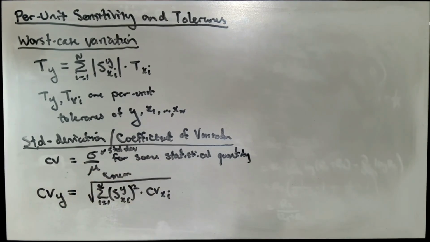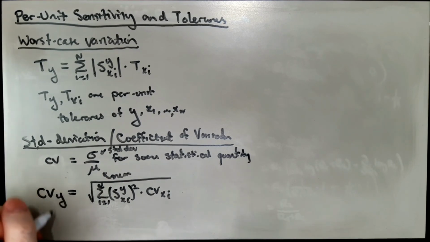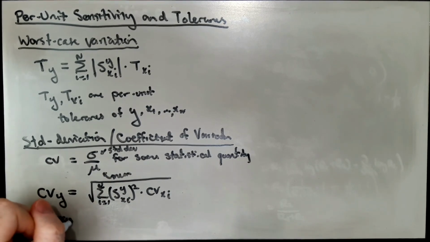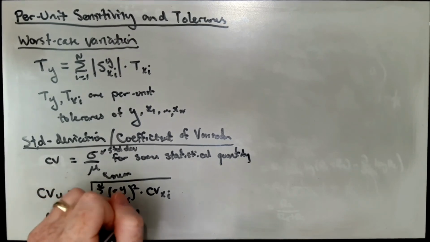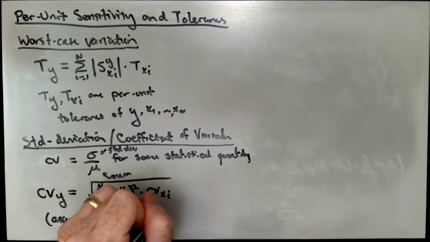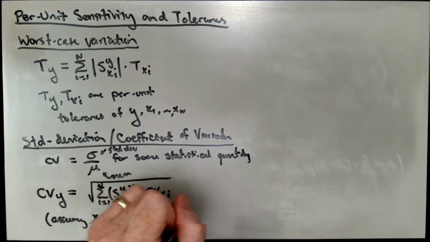So this is assuming the xi are statistically independent.